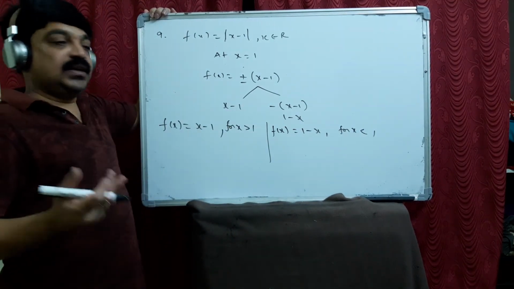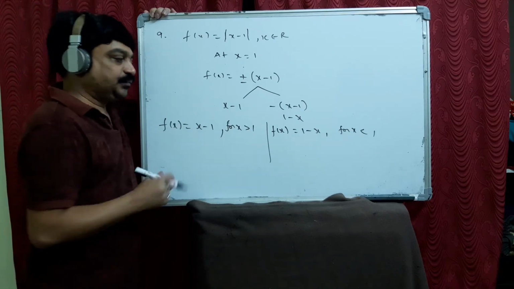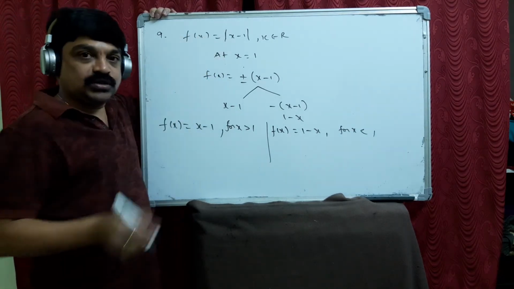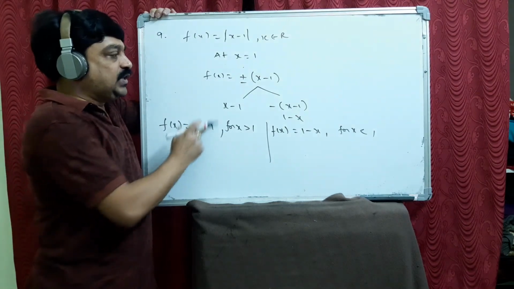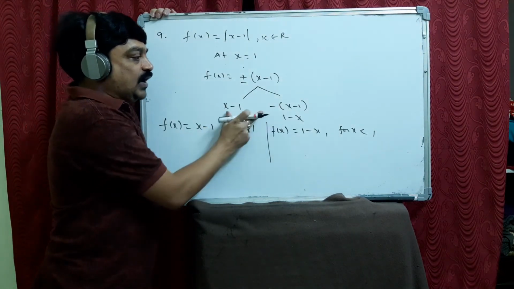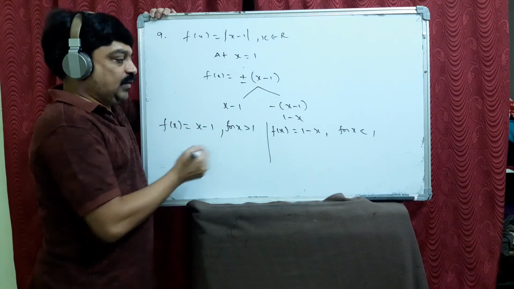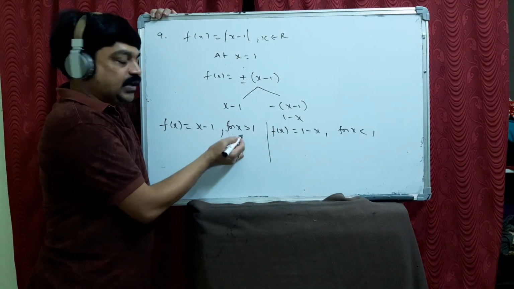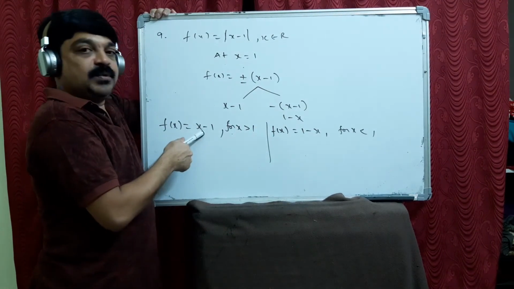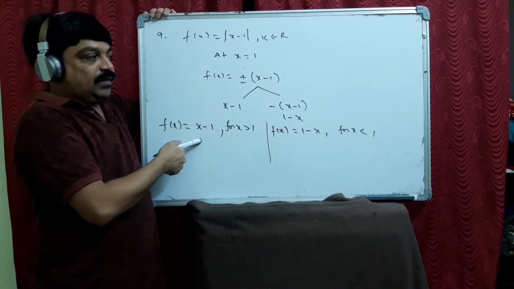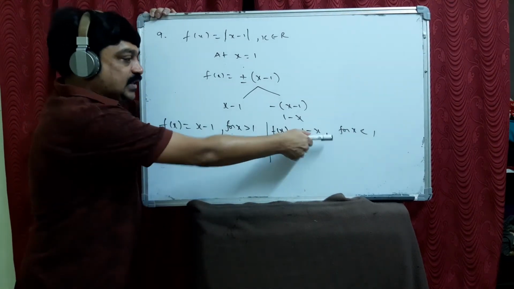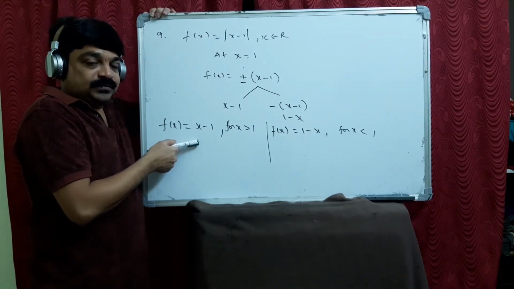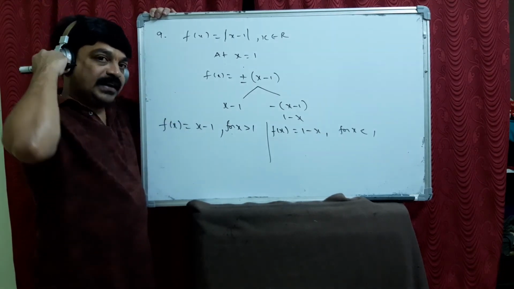Sir, why should we write like that? I tell you. Modulus means a positive value. That should be positive always. So we have to check where these values are positive. See, for x greater than 1, whatever value you take, 2, 3, 4, this will be positive. For x less than 1, if you take a value here, it will be negative: 0, minus 1, minus 2 like that.